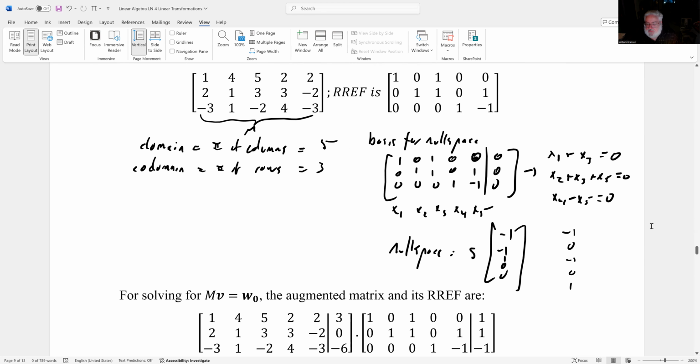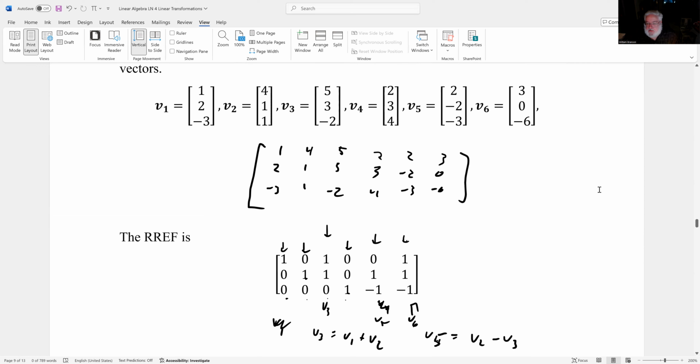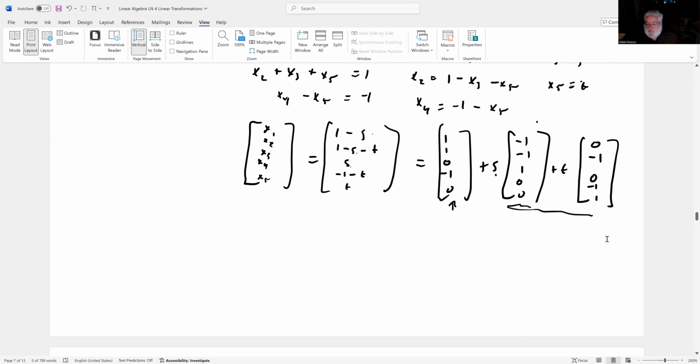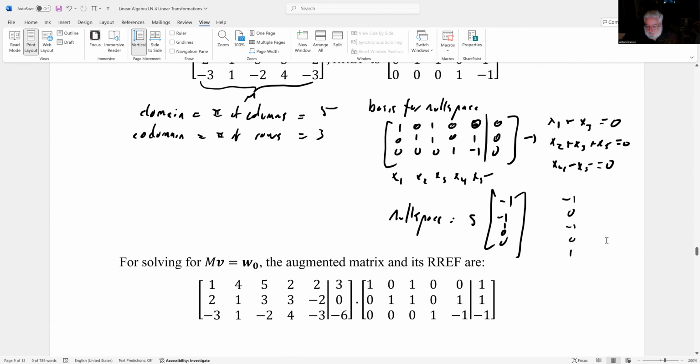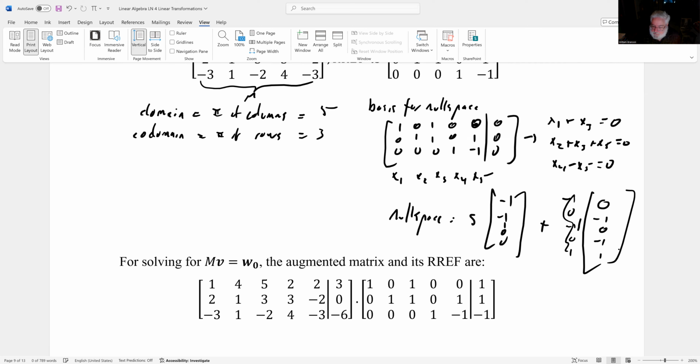I think that was T. 0, minus 1, 0, minus 1, 1. Scribble that out. So that's our null space.